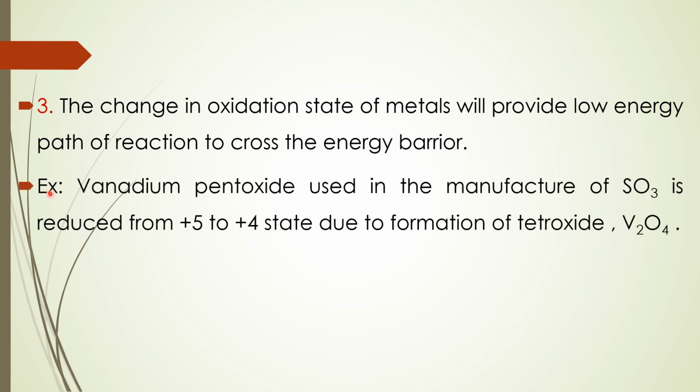For example, vanadium pentoxide, which is used in the manufacture of sulfur trioxide, is reduced from the +5 to the +4 oxidation state due to the formation of vanadium tetroxide, that is V2O4. This is the reaction.